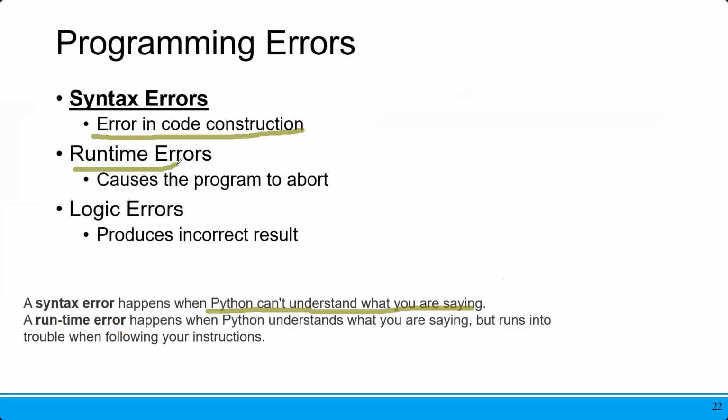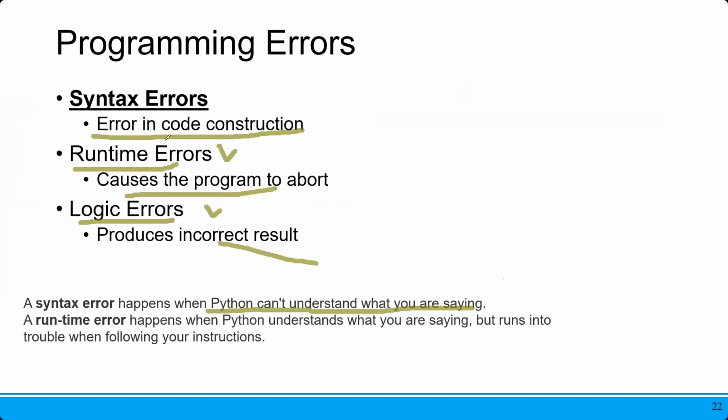But with runtime errors, everything is okay. The syntax is fine, but the program cannot run. So something we need to understand later. And with logic errors, everything is okay. No errors from the syntax, from the runtime, but the result is wrong.